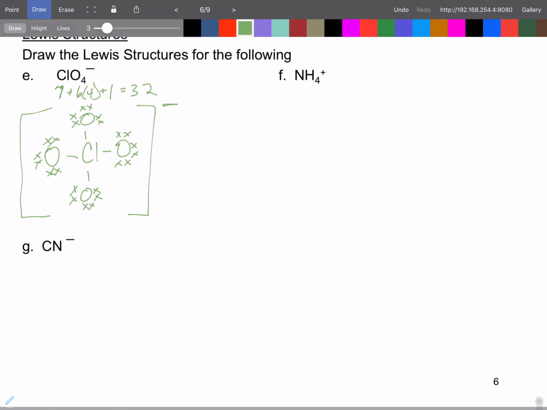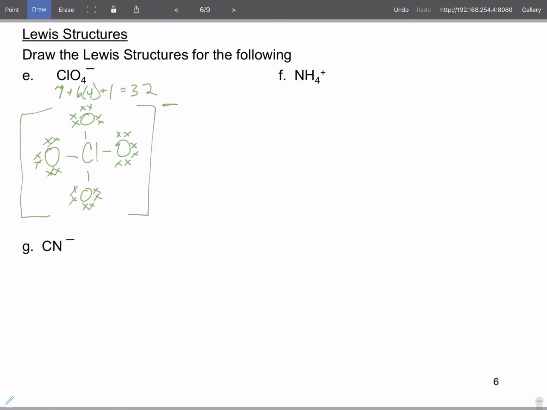So we actually did this one previously, when we counted the electrons, but we'll do it again. 5 plus 4 times 1 minus 1 is 8. So this one is nitrogen, hydrogen, hydrogen, hydrogen, hydrogen.